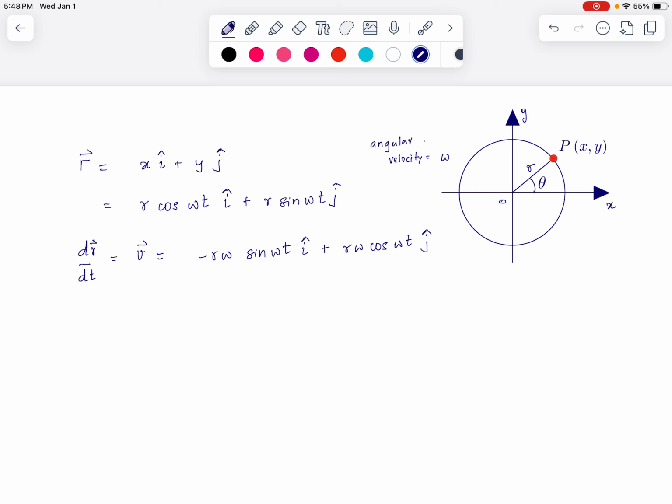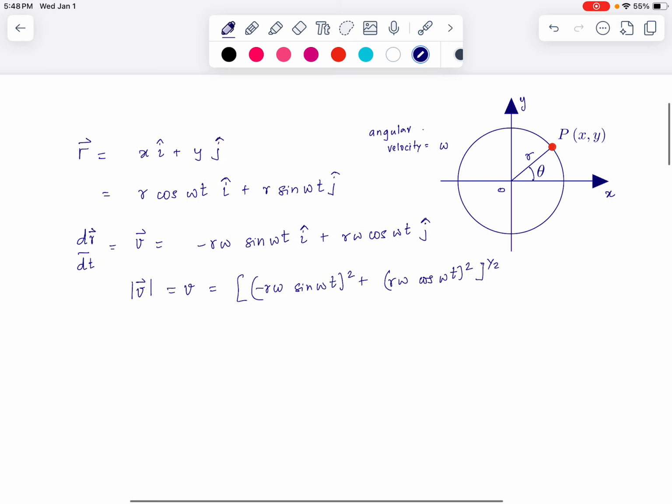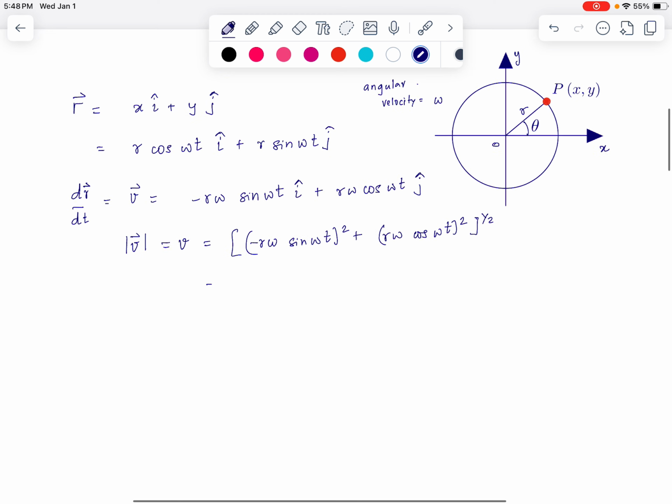So if we find the magnitude of the velocity vector and call that a scalar linear velocity, that is nothing but the square root of (minus r omega sine omega t) squared plus (r omega cosine omega t) squared.